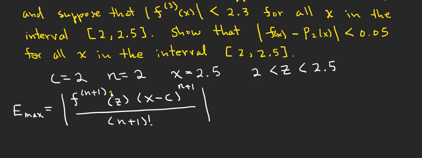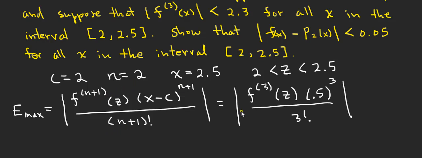Now let's plug in the values, and we get 0.5 over here because 2.5 minus 2, and then we get 3 factorial on the bottom. Now check this out. What should be our maximum value of f to the third derivative of z so that we'll have a maximum error? Well, according to the given information, the absolute value of f to the third derivative of x is going to be less than 2.3.